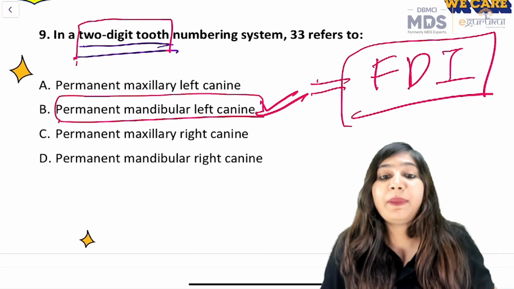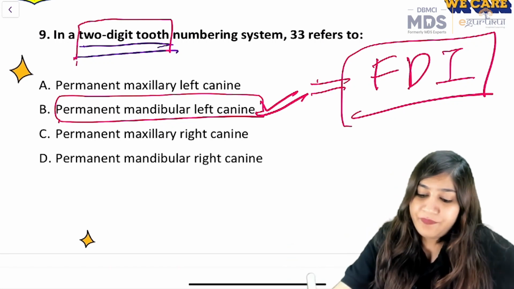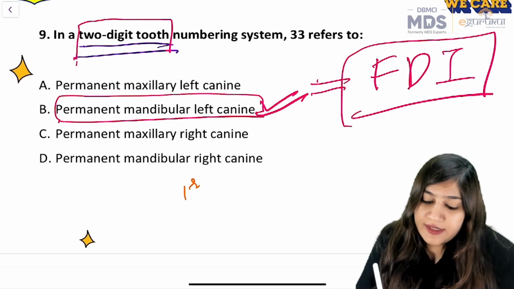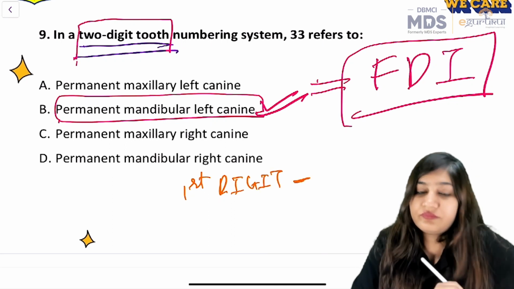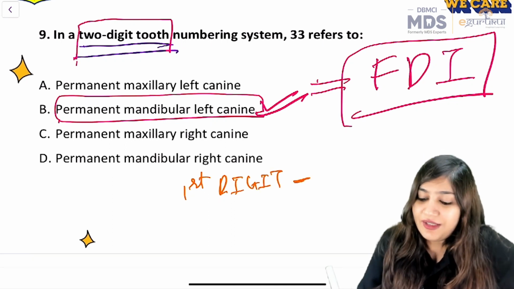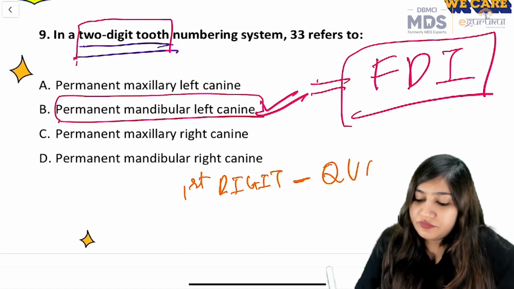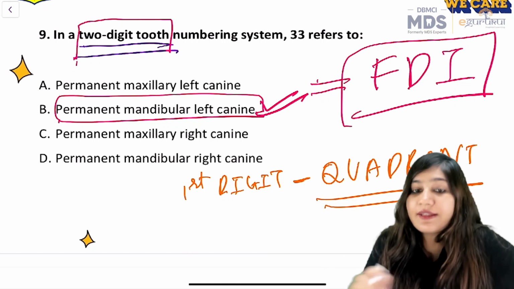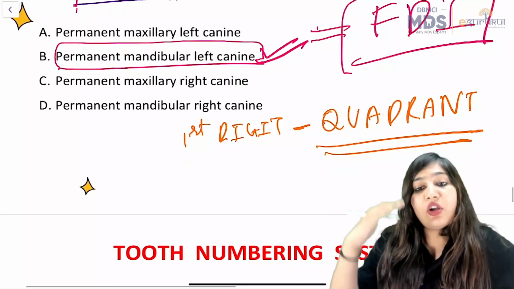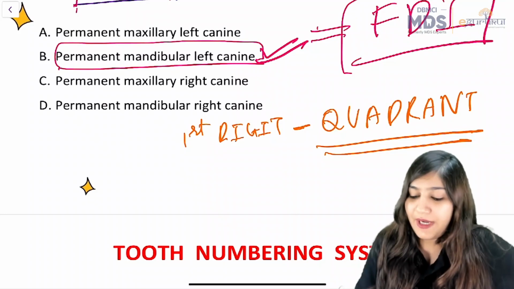Why? Being a two-digit system, first digit represents what? Quadrant. Whether it is right or left or maxillary and mandibular.